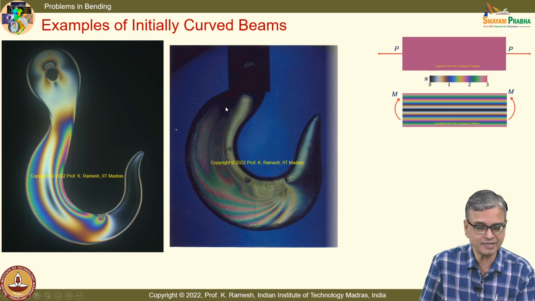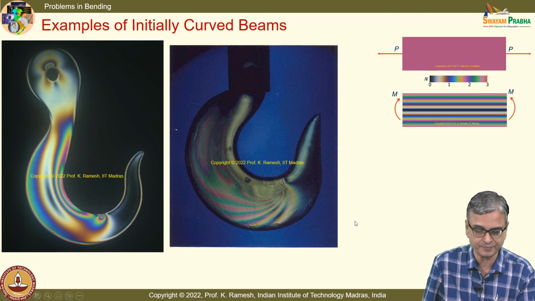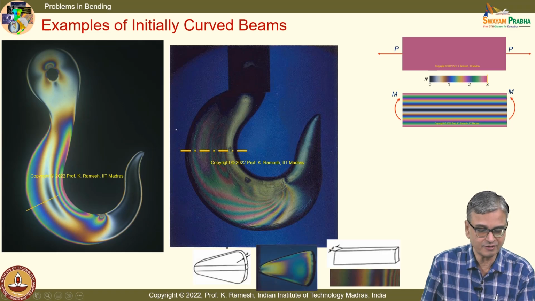And when you have the fringe pattern, this is an integrated fringe pattern because it is a very thick cross section. And if you take a cross section here, the cross section will be like trapezoidal. Okay, this is a beam of uniform strength, where it has the higher number of stresses, value of stresses.